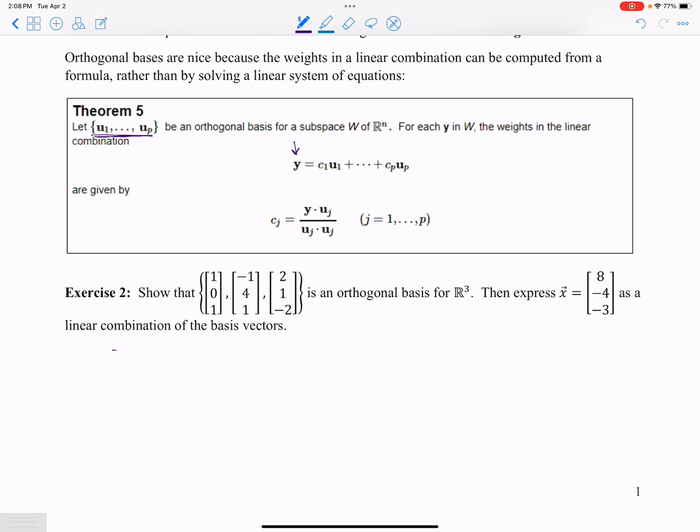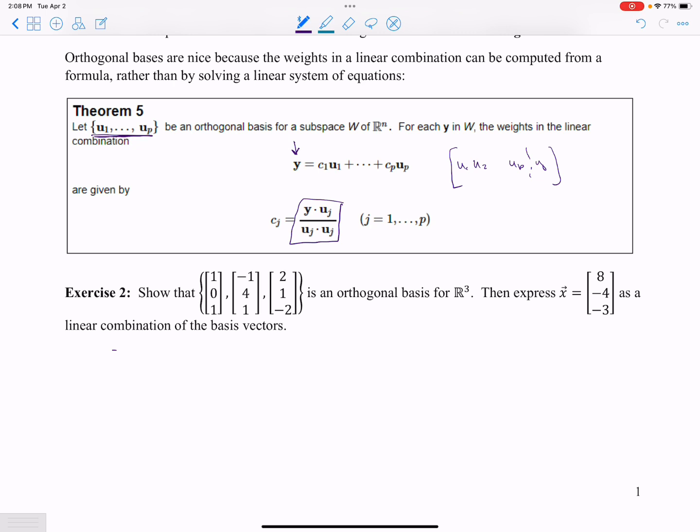Instead of solving the system, where we normally would put u1, u2, up, augment that with y, and solve to find the weights, when it's an orthogonal basis, the weights are given by this formula.